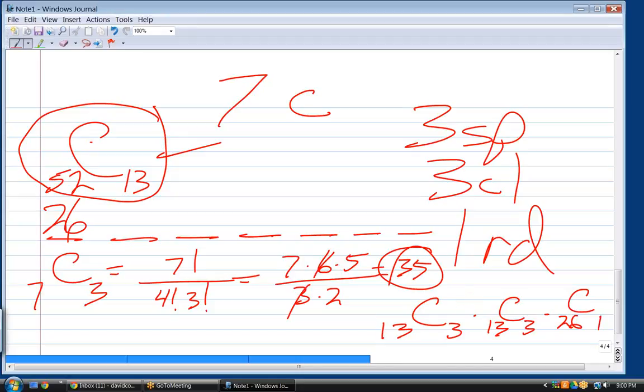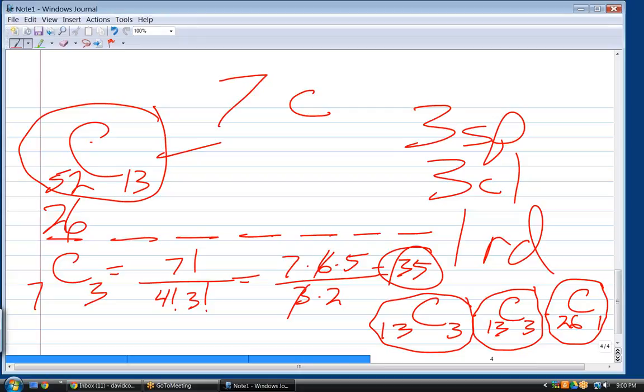In other words, there's that many ways to choose 3 spades out of the deck. There's this many ways to choose 3 clubs out of the deck, and there's this many ways to choose 1 red card out of 26.